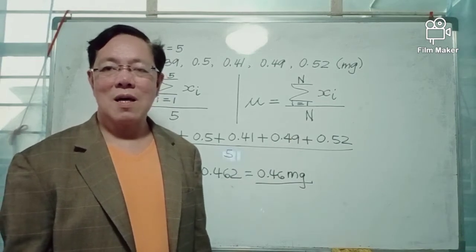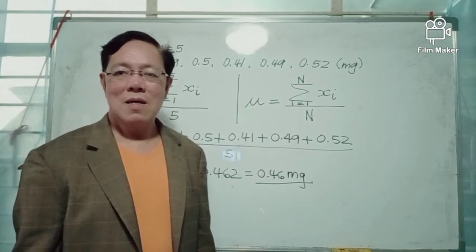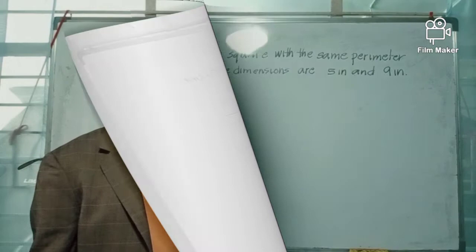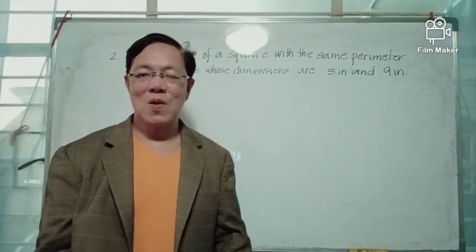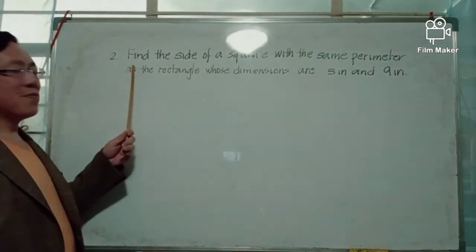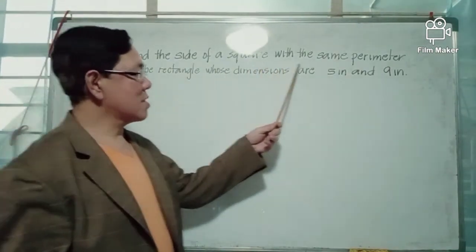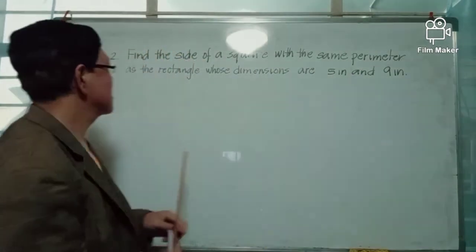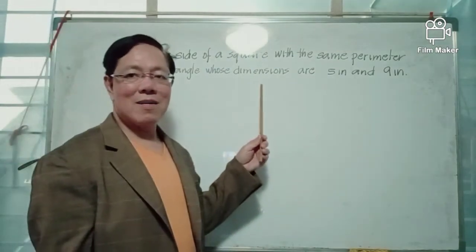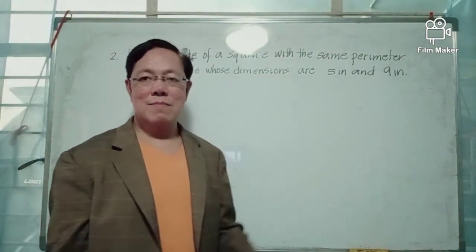We now take another example for using and computing the mean. For our second example, consider the following problem. Find the side of a square with the same perimeter as the rectangle, whose dimensions are 5 inches and 9 inches.